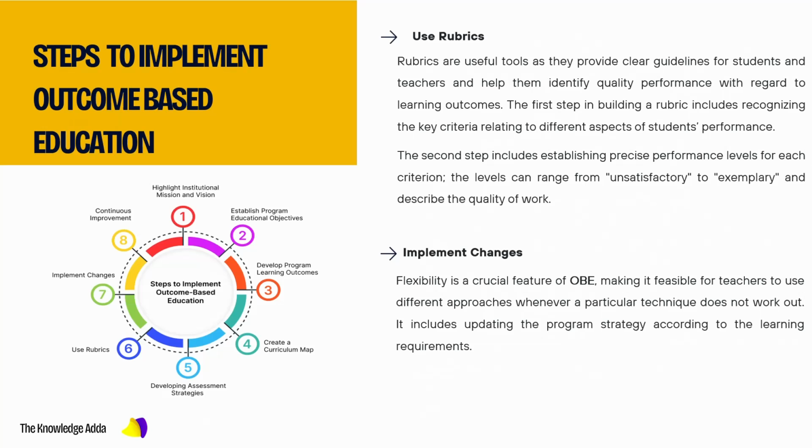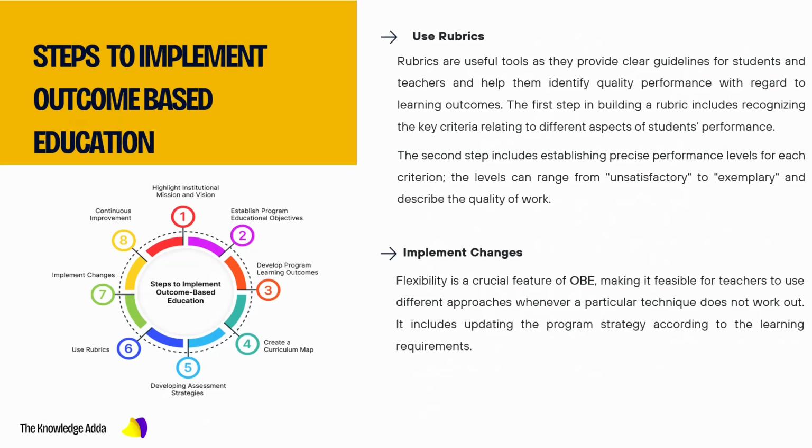Rubrics are useful tools as they provide clear guidance for the students and the teachers and help them evaluate performance with regard to learning outcomes. Like you must have heard of CO and PO mapping. So basically, that is an example of rubrics. The first step in building a rubric includes recognizing the key criteria related to different aspects of student performance, and the second step includes establishing precise performance levels for each criterion.